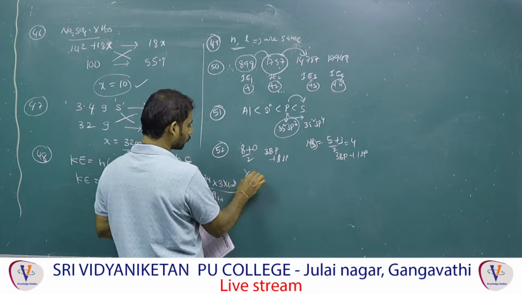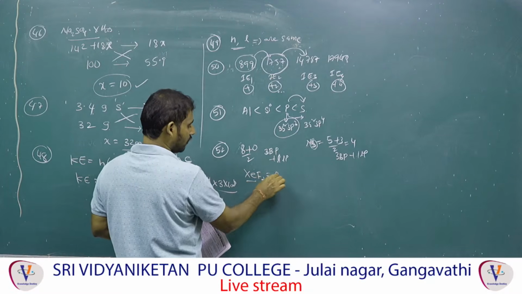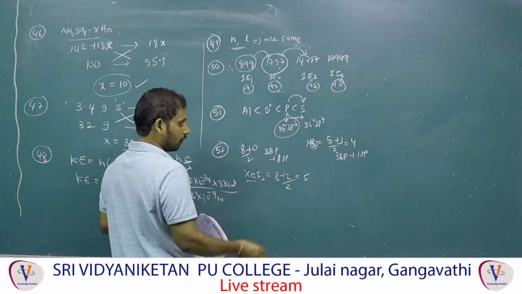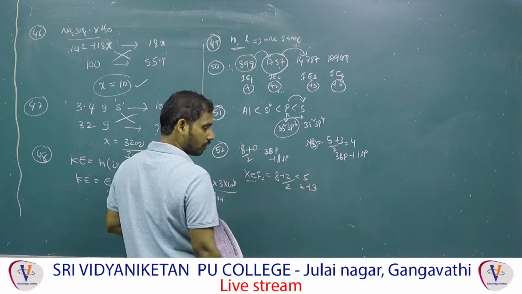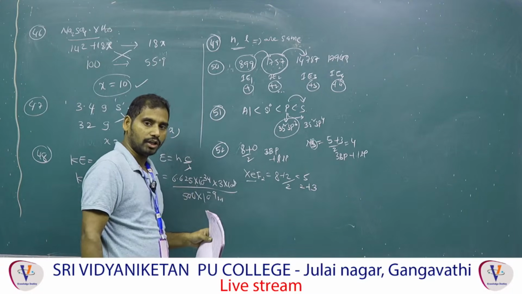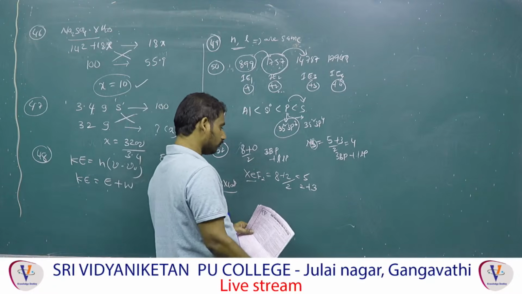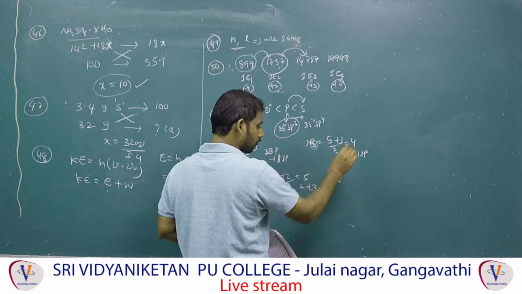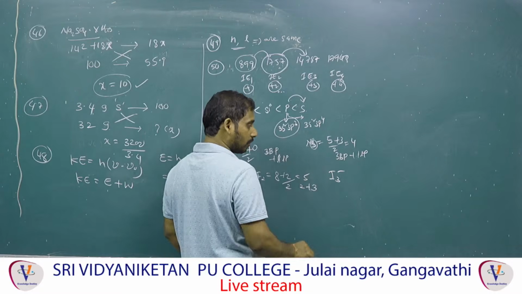XeF2. Group number 8, number of halogens 2, by 2, 5. 5 means how many bond pairs? 2 bond pairs plus 3 lone pairs. The shape is linear. It is similar to I3 minus. I3 minus means here one central atom, the remaining 2 are surrounding atoms, like this.